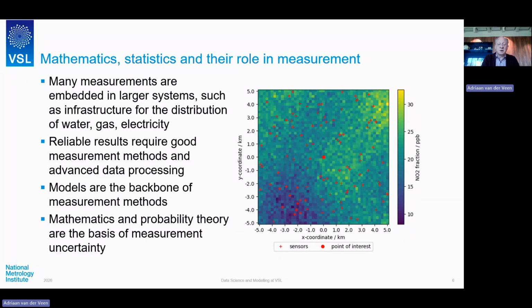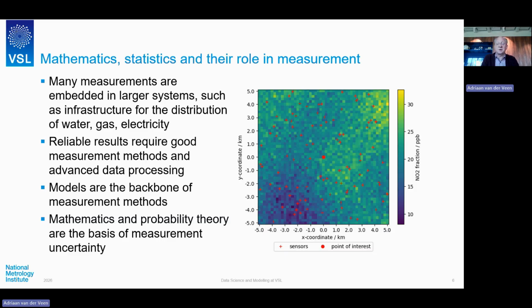The models are the backbone of measurement methods and also the data processing. And mathematics and probability theory are the basis for evaluating measurement uncertainty. And measurement uncertainty we use, of course, to take informed decisions.